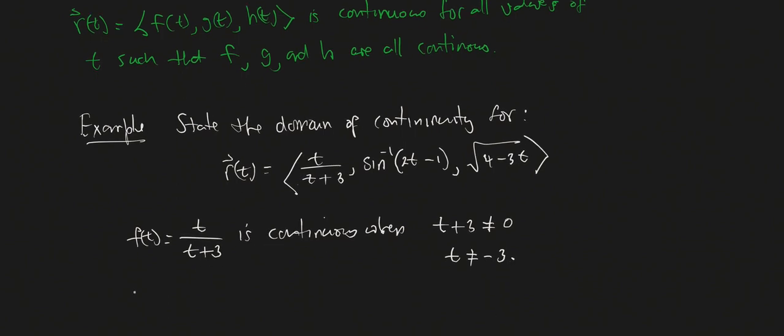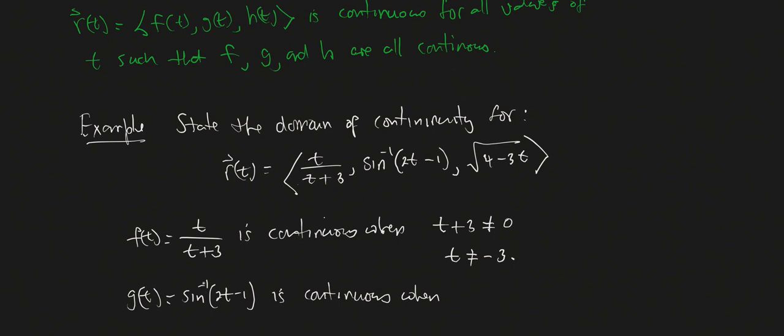I'll call that g. Now, your inverse sine and inverse cosine functions, you probably discuss these functions the least with respect to continuity, but I'll remind you what the property is. This function is continuous when the inner function, so notice that this is a composition between an inverse sine, your arc sine, and a linear function, 2t minus 1.